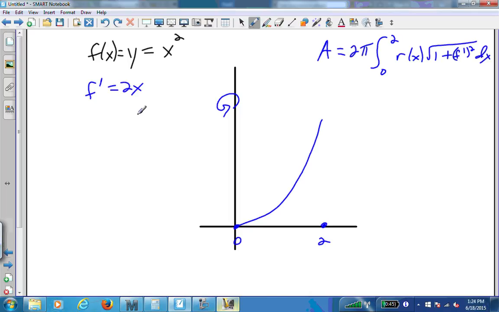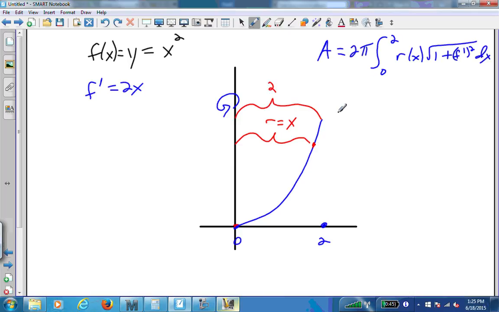Our derivative is 2x. So look at our radius. If we pick a sample element here as being a little piece of that curve that we're wanting to calculate the area of when we rotate it around, this will be our radius, and that radius will be whatever particular x value we're at. So when x is 0, that distance is 0. When x is 2, that distance is 2.